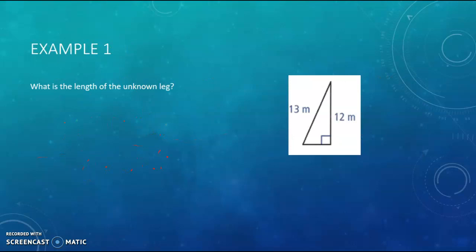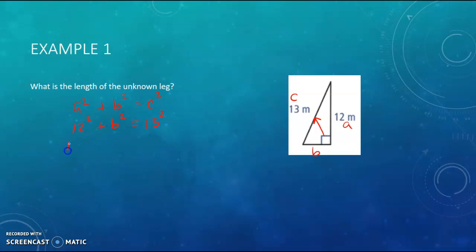All right, so we want to find the unknown leg. Here's my right angle. I go across. I decide, oh, I know my hypotenuse c. And since I know c, then I am given a, and I am looking for b. Using a squared plus b squared equals c squared, our Pythagorean theorem, a is 12, so we're going to have 12 squared plus b squared, which we don't know, equals c, which is 13 squared.